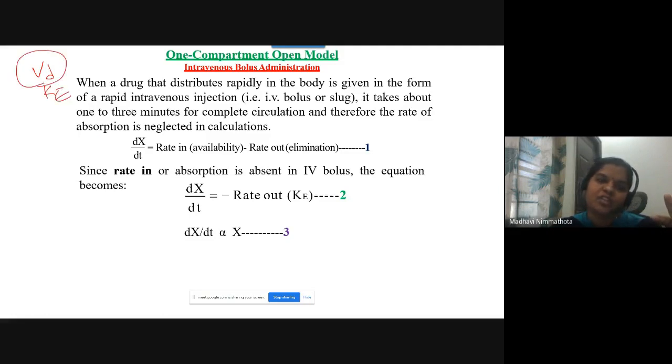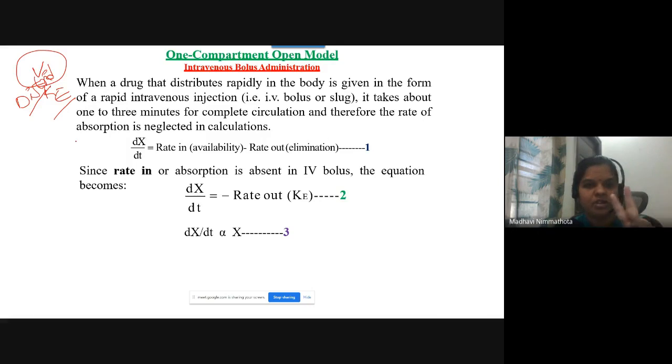The volume of distribution includes your distribution phenomena. So you have to learn these two parameters very clearly. And one more thing, this compartment model is based on the assumption that our body is like a single uniform compartment.